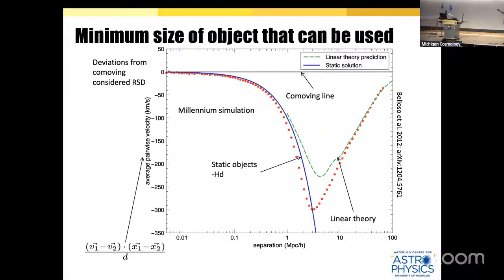And so what you see for pairs of objects is that they start off with a linear velocity towards each other, they go nonlinear, they turn around, and then they head towards this fixed solution where they are static objects. If they are static objects, then any delta z across them will just tell you about internal velocities within that object.